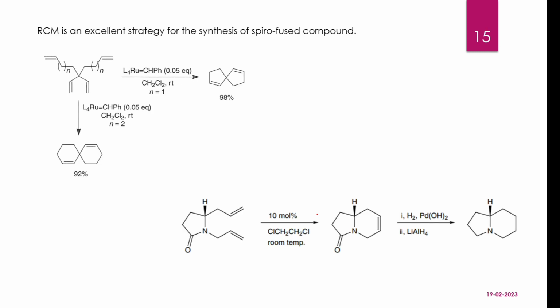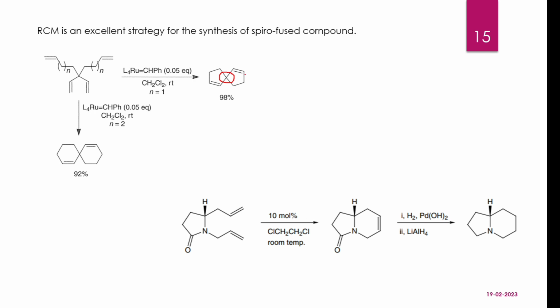Next, ring closing metathesis is an excellent strategy for the synthesis of spiro-fused compounds. We know that spiro compound formation is a bit tricky and difficult because you have to form the 4 carbon bond, and there is a high strain.